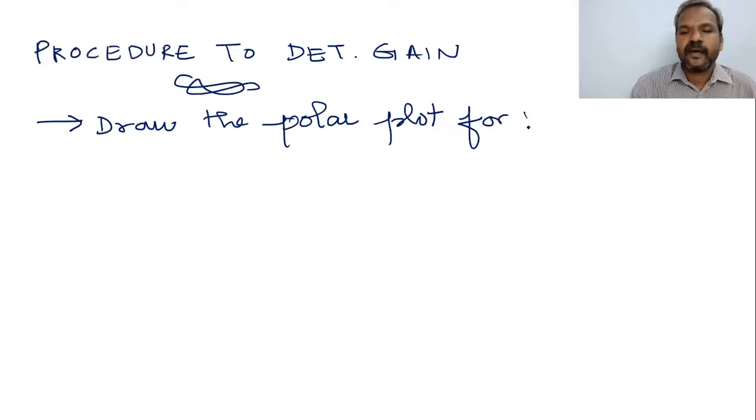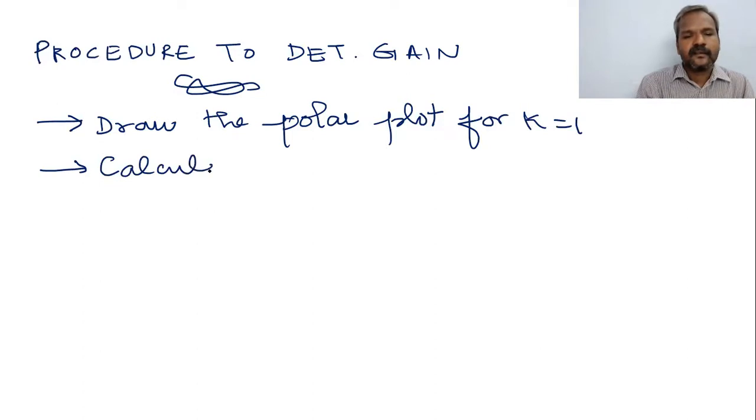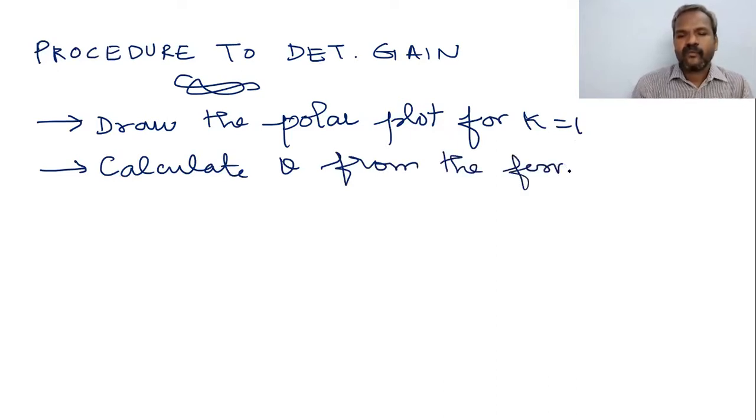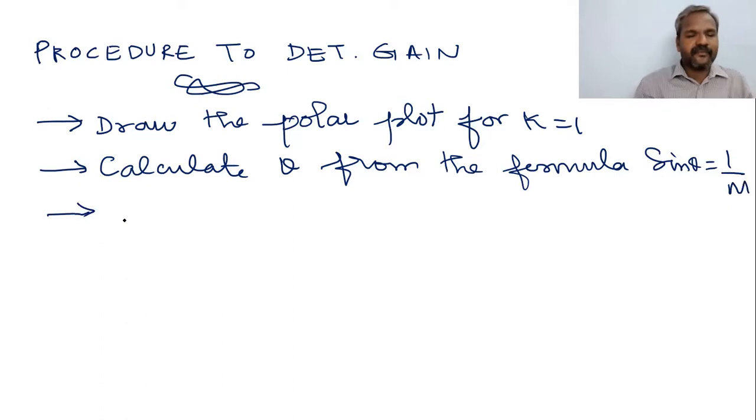Draw it with K equal to 1. This is the assumed value, or you can assume any value, that is also possible. Always we assume K equal to 1. Then calculate theta from the formula sin theta equals 1 by m. Then draw a line for the angle theta.